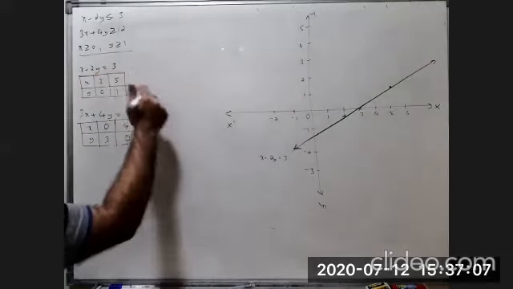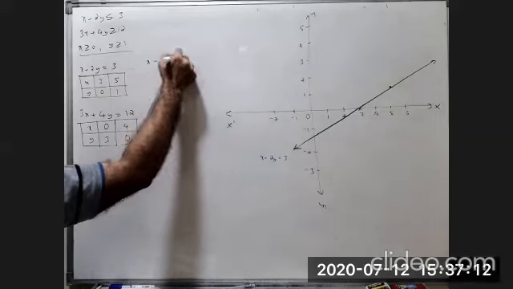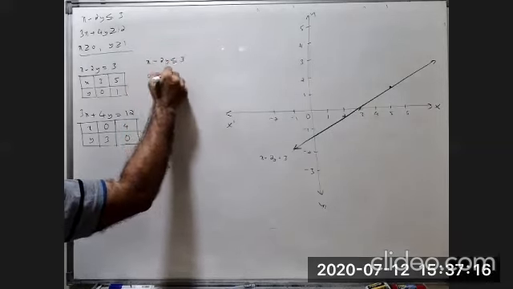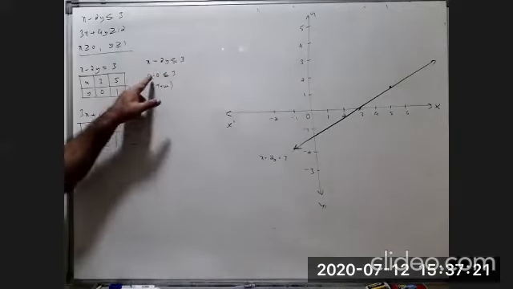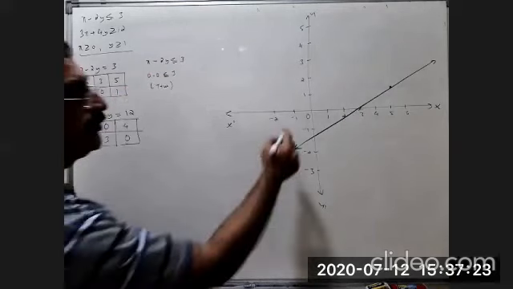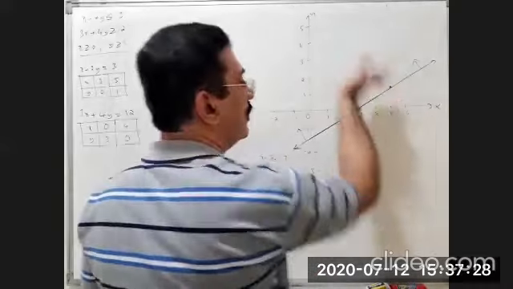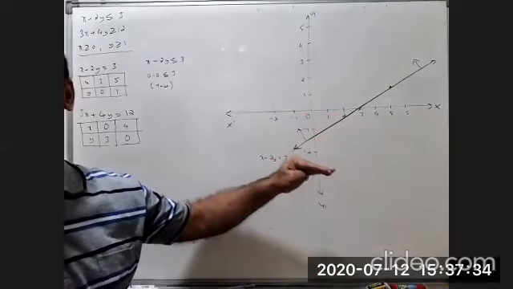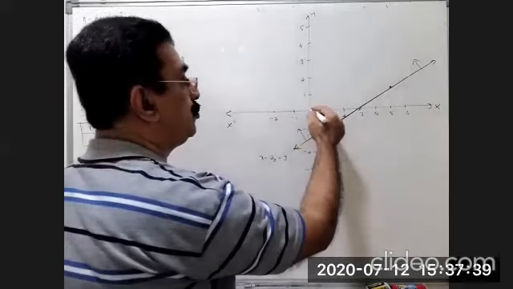Again, for shading, remember it. x minus 2y less than or equal to 3. 0 minus 0, that is true. 0 less than or equal to 3 is true. So remember, our area is towards the origin, meaning the required half plane is the half plane containing 0, because we took 0, 0.